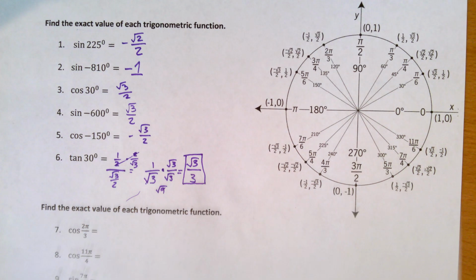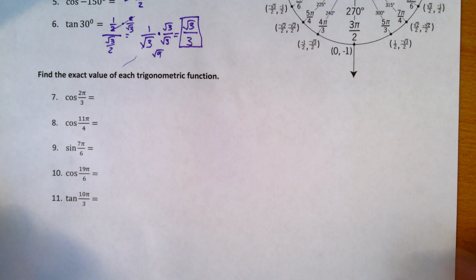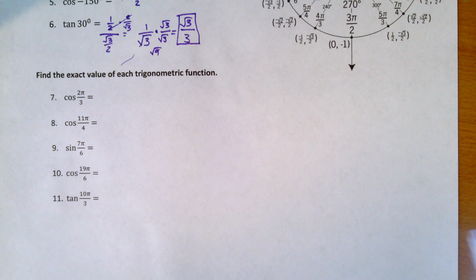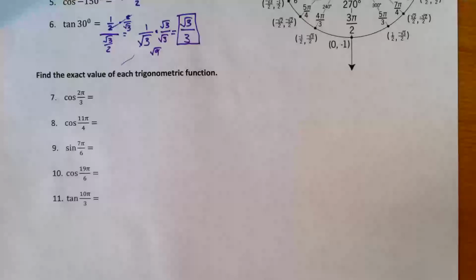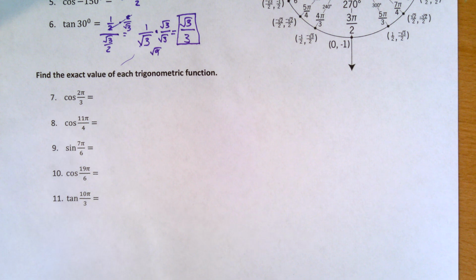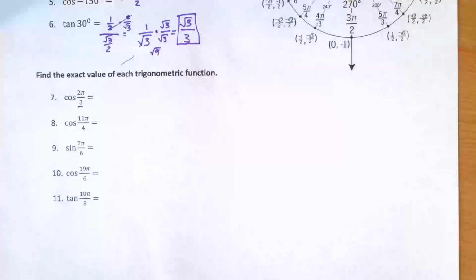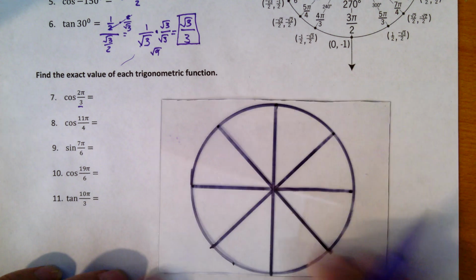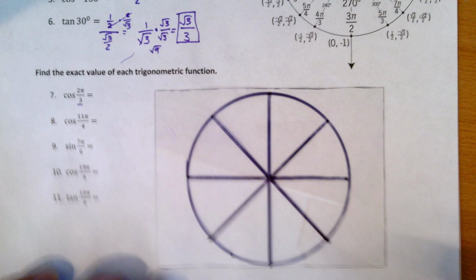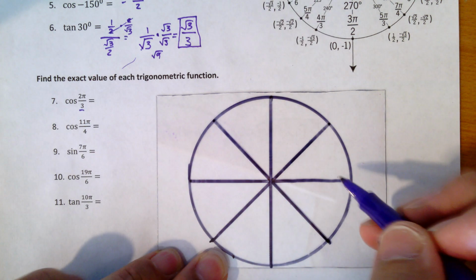Okay, now we're going to move to finding exact values of trig functions where the angle is given to us in radians. So the first one here, we have cosine of 2 pi thirds. And what I've done here is I'm going to look at that bottom number, pi thirds. So here's a unit circle that I have, where I've already cut up the circle into pi thirds.